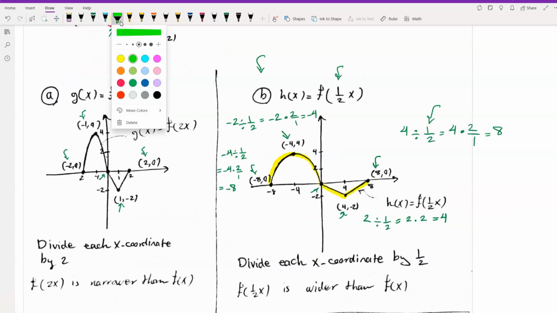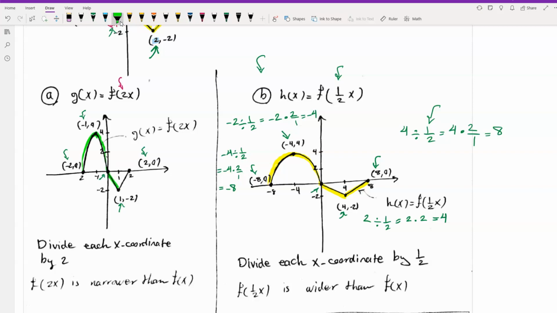And that is the same for what we had in part A. So for part A, f of 2x is narrower than f of x, but for part B, f of 1 over 2 times x is wider than what we had for f of x.